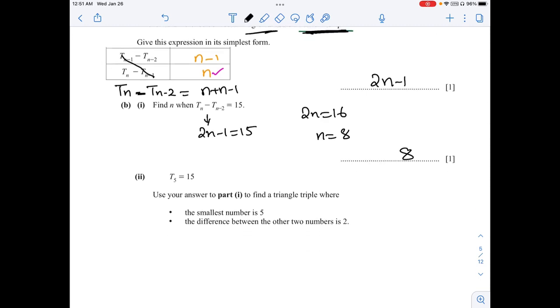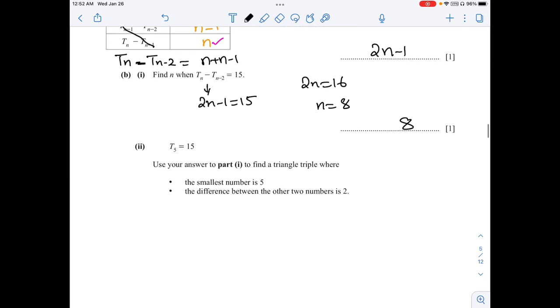Next, what is he telling? T5 is equal to 15. Use your answer in part 1 to find a triangle triple. The smallest number should be 5 and the difference between the two numbers is 2.